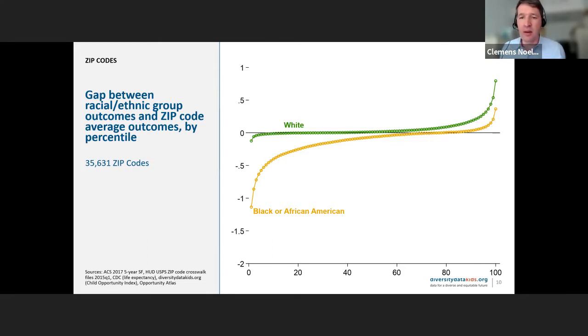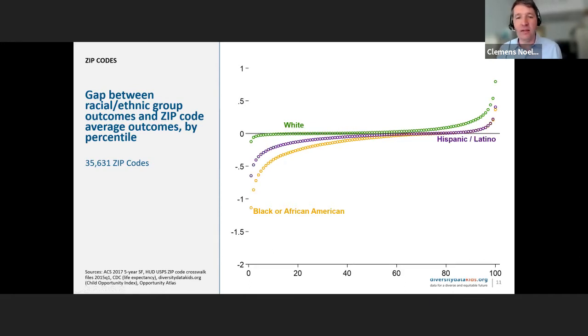For about 60% of the Black population, the zip code average is above the census tract average. And that gap gets quite large at the lower tail, reaching or exceeding 50% of a standard deviation. For Hispanic and Latino children, the pattern is similar to Black children at the top, but the gaps are a little less large at the bottom of the distribution.